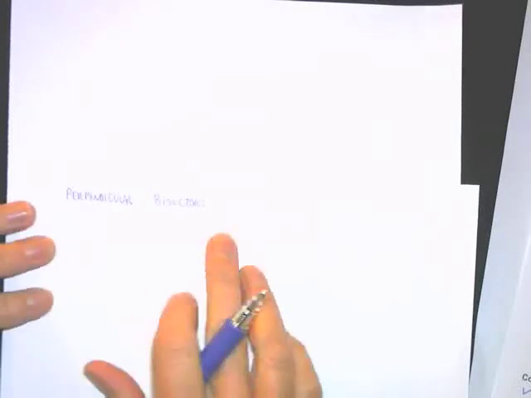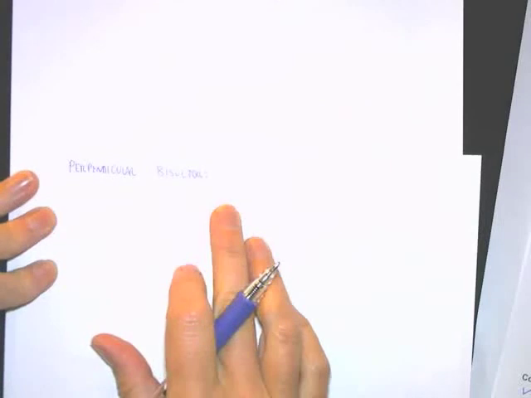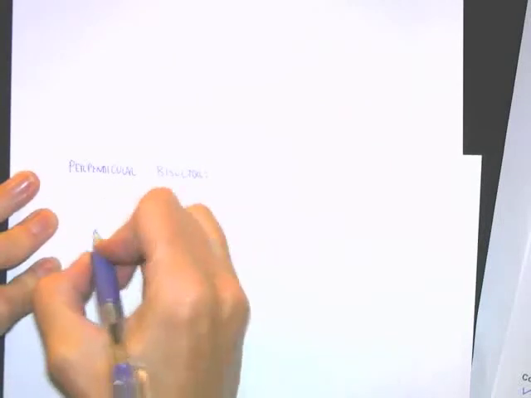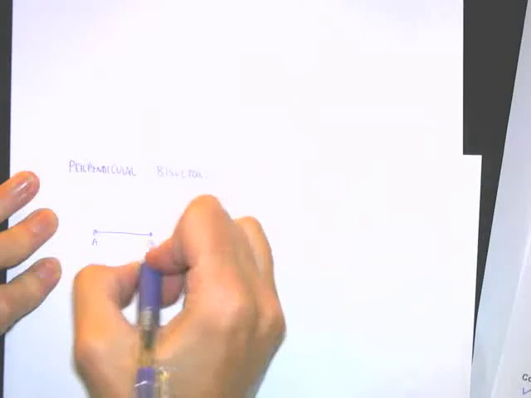To help you with constructions 15 and 16, it's important for us to understand what it means to say that a line is a perpendicular bisector. So first I'm going to do some sketches to help you understand what that phrase perpendicular bisector means. If we have a line segment, segment AB, a perpendicular bisector has two important characteristics.